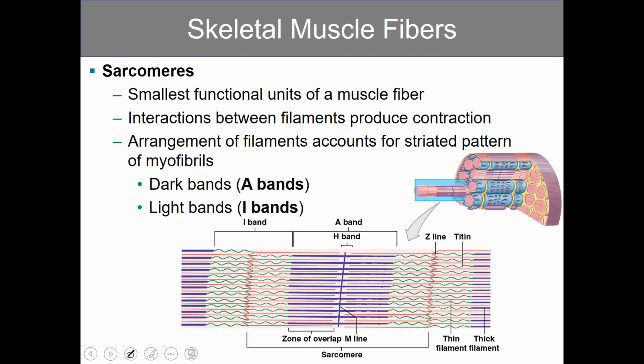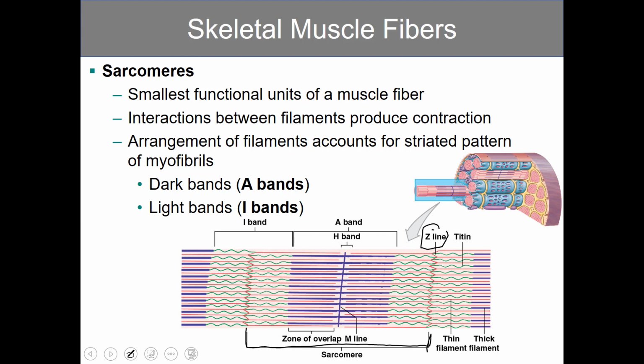If you look at the muscle fiber, the smallest functional unit of the skeletal muscle fiber is called the sarcomere. And sarcomere is ultimately defined as the space between Z lines. And you really don't know what those Z lines are yet, but we'll cover them shortly.